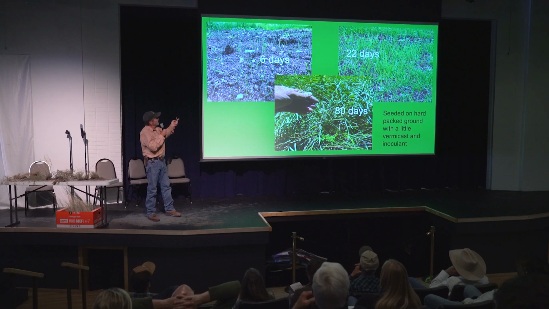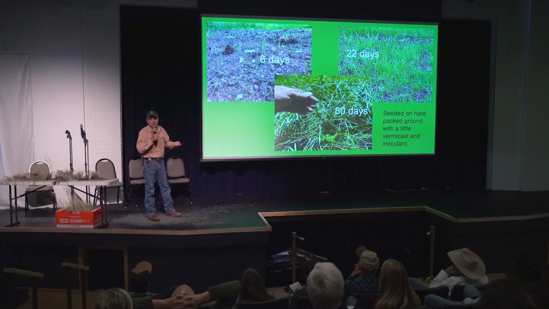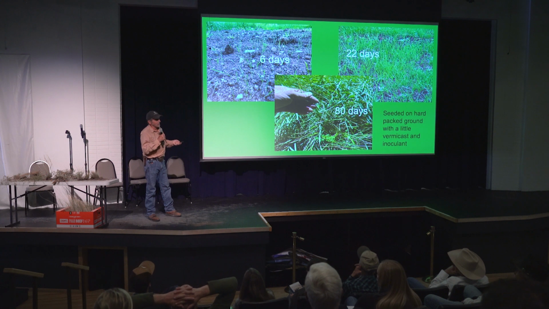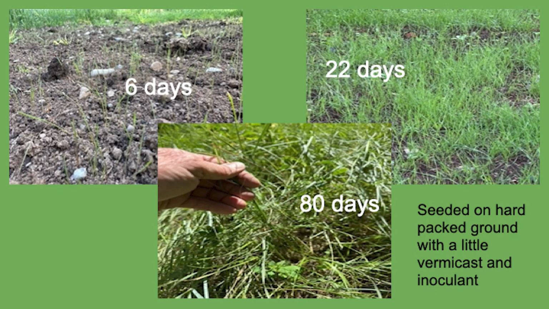The seed company told me this stuff would germinate in 14 to 21 days. I watered it once. We had a wet year. I was going to try drought, to see how little water I could use, but Mother Nature didn't let that happen this year. It kept flooding us. At 6 days, it's out of the ground, well over an inch. At 22 days, this is what it looks like.